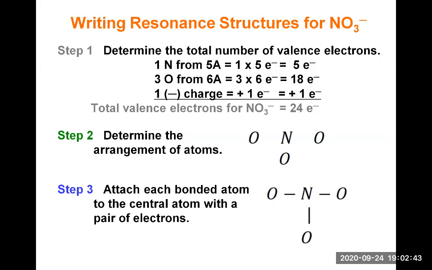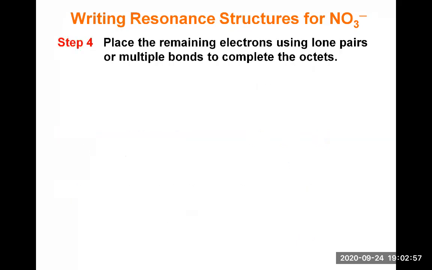So here it's already drawn as lines. And remember, our line represents 2 dots. So this way we have used 6 electrons from the total. So 24 minus 6, we still have 18 electrons to distribute.